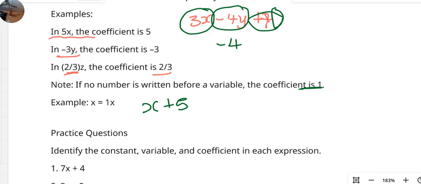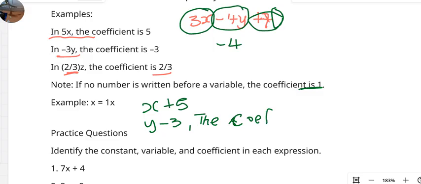Let's write another example. We have, let's say, y minus 3. What's the coefficient of y? There's an invisible 1 there. So the coefficient of y is 1, because there's an invisible 1 there.